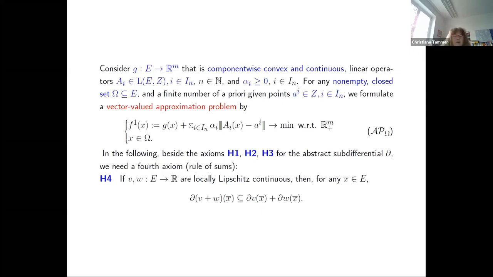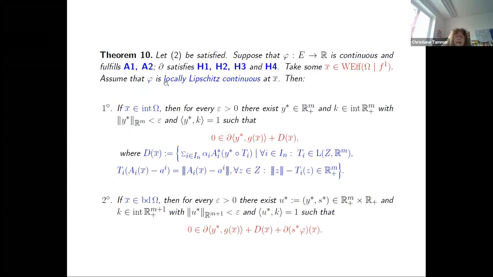This is H4. Under these assumptions, the standing assumptions A1, A2, which are the assumptions concerning the axiomatic subdifferential, we consider a weakly Pareto efficient element of the constraint approximation problem.